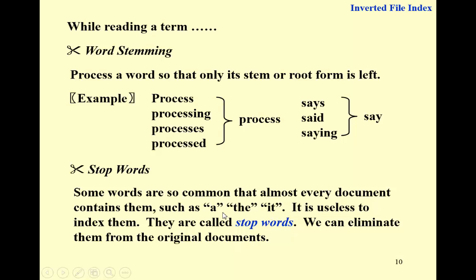So it means that we do keep posting lists of these stop words. But before we do anything, the first thing to do is to eliminate them from the original documents so that those meaningless terms will not be processed. That's called the stop filter. Okay, and that's about the token analyzer.